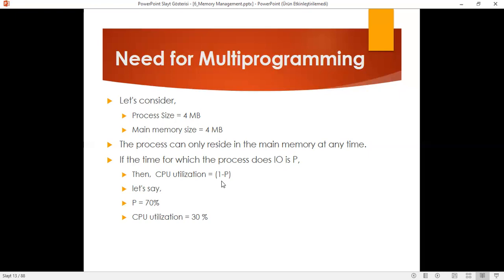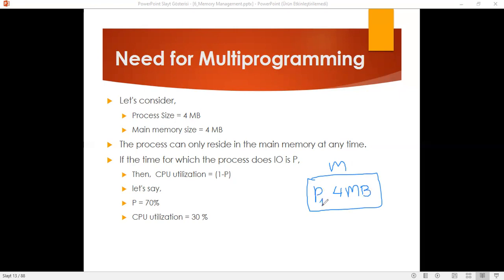So if the process does not do any input output operation and I have only 1 process, then while executing that process, CPU utilization will be 100%. So let me think about that. This is main memory, and I have a 4 megabyte process P1.